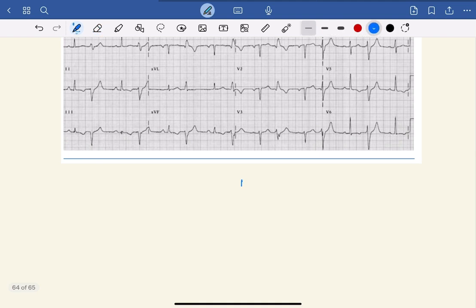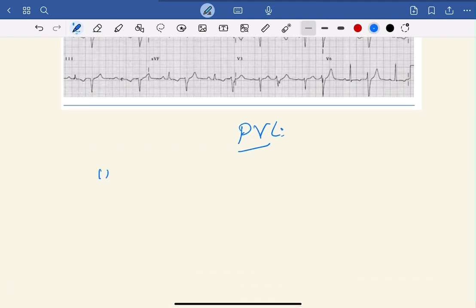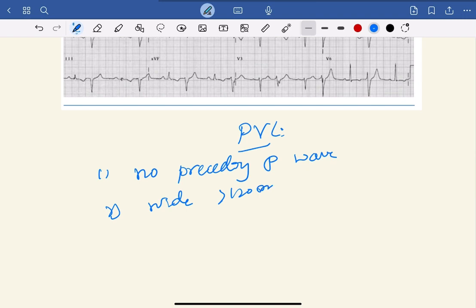So how to identify PVC? To identify PVC, there are criteria. One thing, there is no preceding P wave, and the complex has to be wide, that is more than 120 milliseconds or more than 3 small squares.